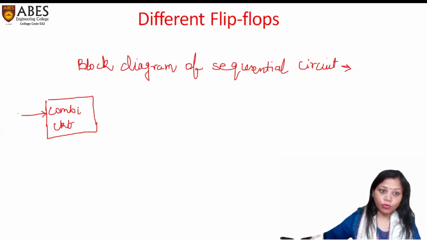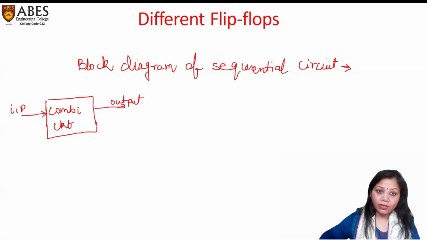This is the input, the current input. This is the output, and one output is fed back to the input. This feedback element is called the memory element.